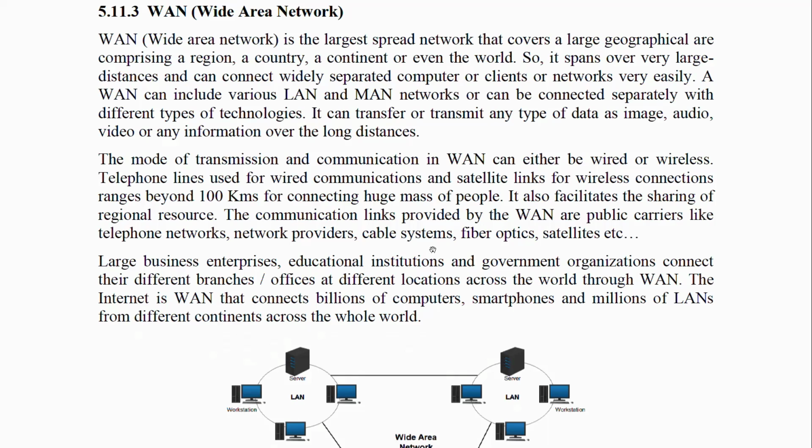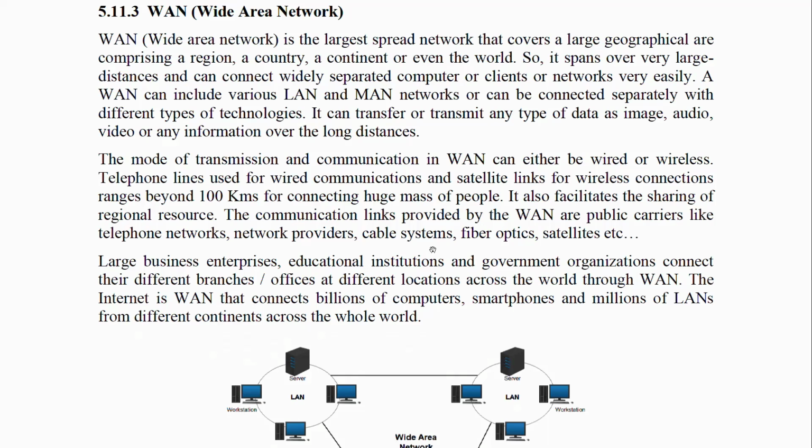The mode of transmission and communication in WAN can either be wired or wireless. Telephone lines are used for wired communications and satellite links for wireless connections, ranging beyond 100 kilometers for connecting a huge mass of people. It also facilitates the sharing of regional resources.